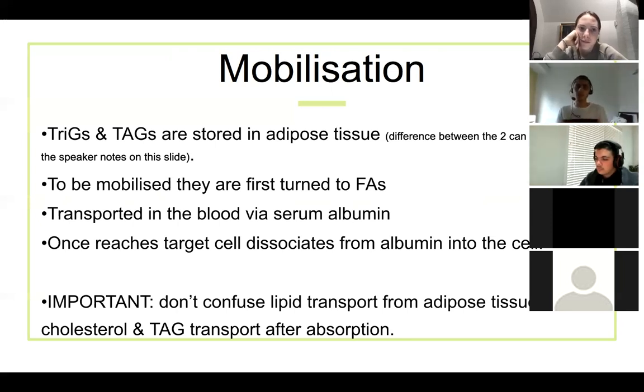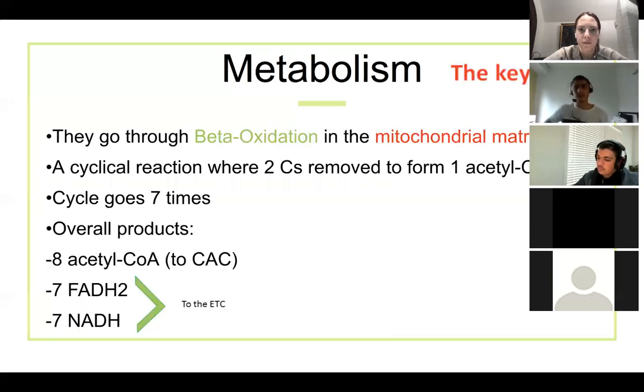But once you've stored them in the liver and the adipose tissues, when you get them out, they're just going to be fatty acids. They don't have to be attached to the triglyceride. That's why we can just use albumin, which is a protein in the blood that can help us transport. So that's the difference between the two. And once you reach target cells, they dissociate from the albumin and they just go through. Yeah, that's pretty much all we need.